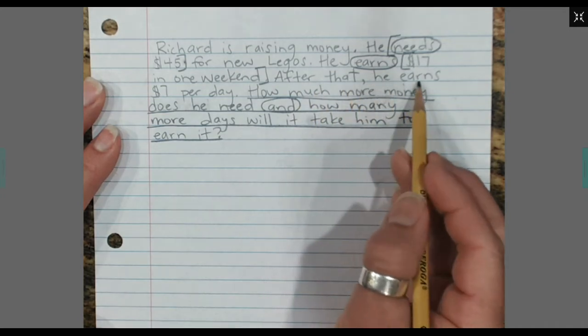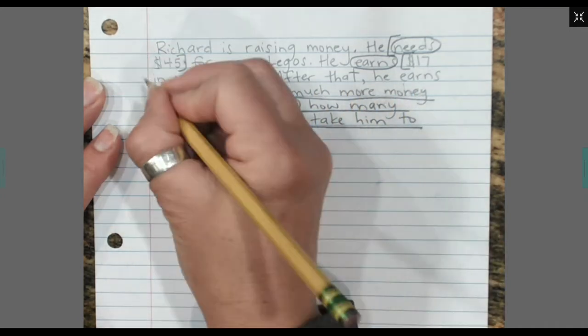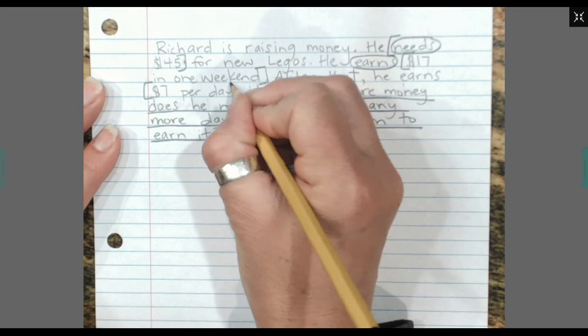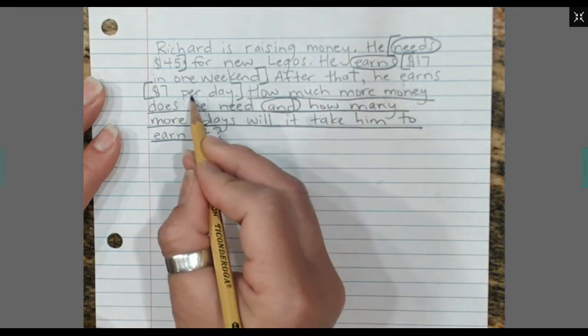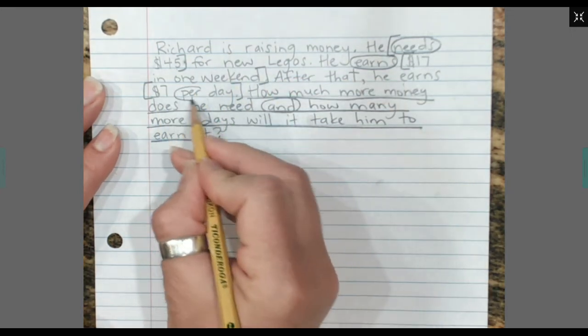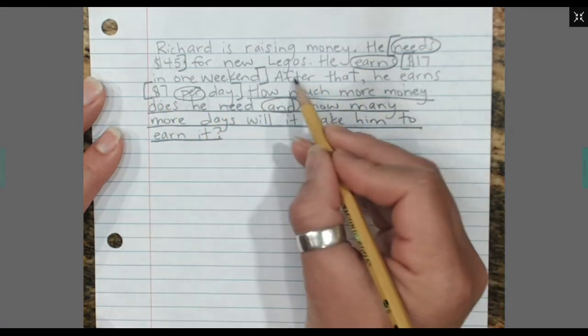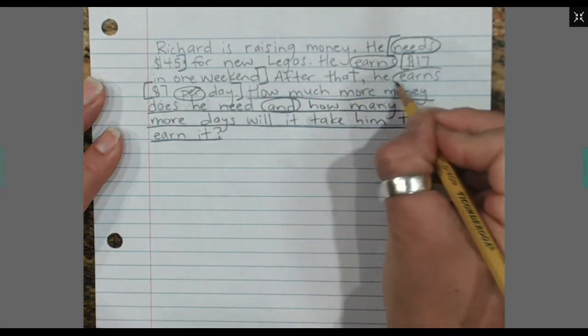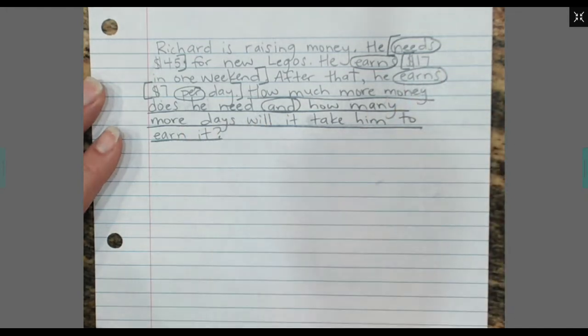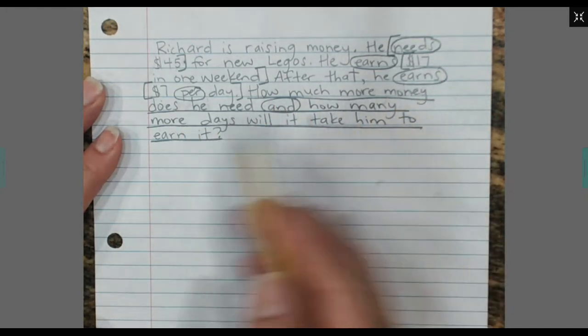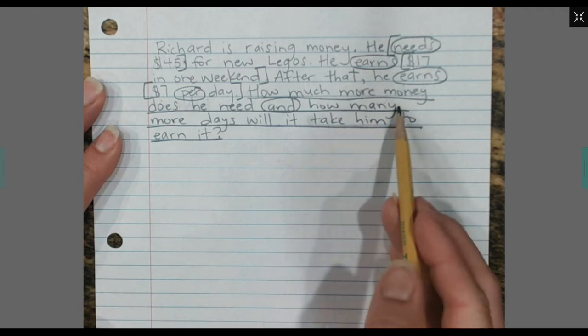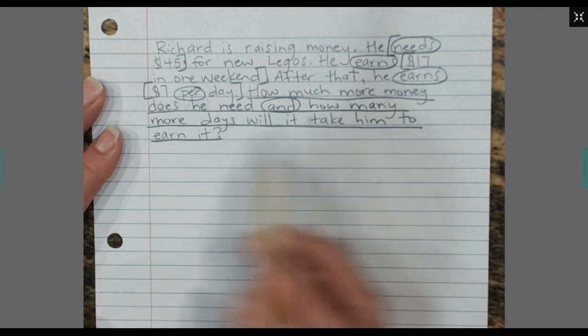After that, he earns $7 per day. $7 per day. So in one day, he earns $7 after that. How much more money does he need, and how many more days will it take him to earn it?